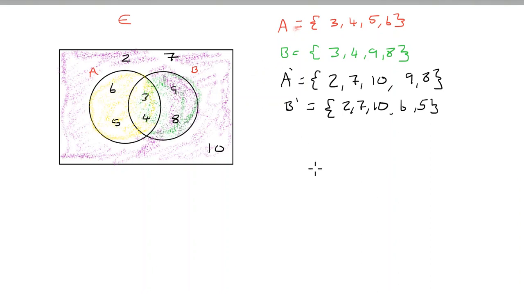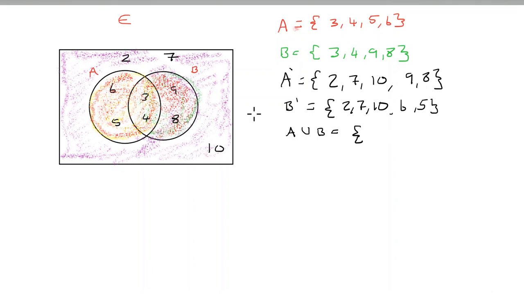Then if we think about A union B, A union B is going to be everything that's in A and everything that's in B. Remember, union just looks like a U, and union means that two things are connected or joined together.